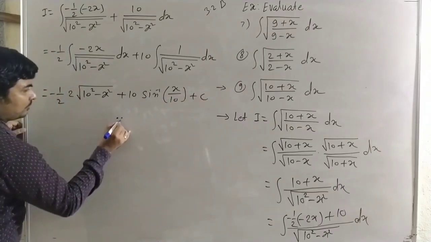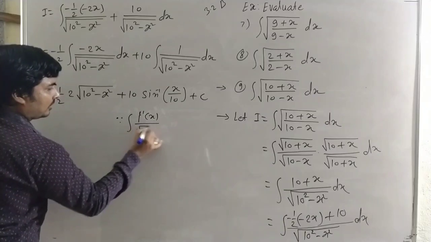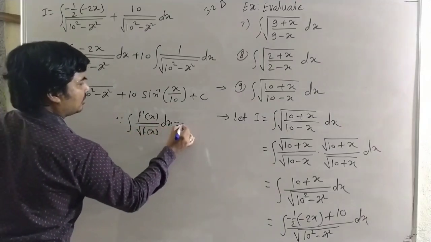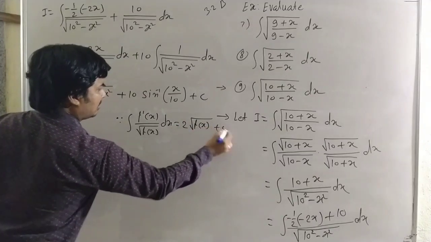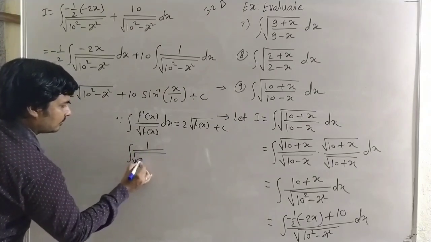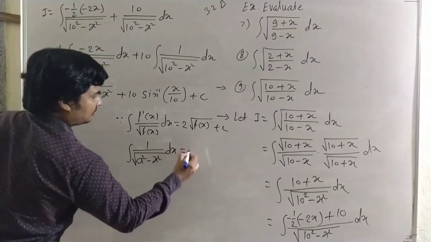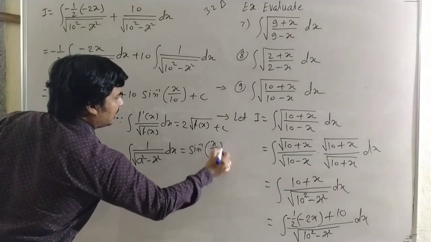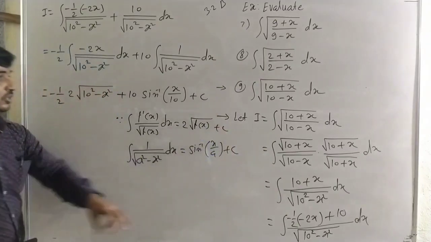Here we use the integral of f dash of x upon under root f of x dx, which is 2 under root f of x plus c, and the integral of 1 upon under root a square minus x square dx, which is sin inverse x by a plus c. The constants c1 and c2 together make c.